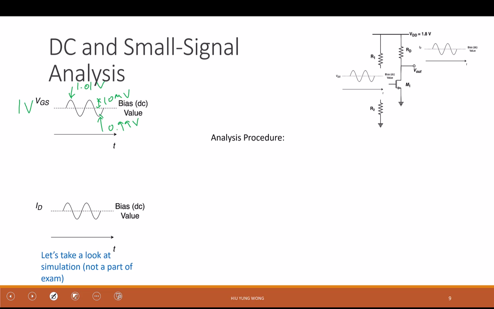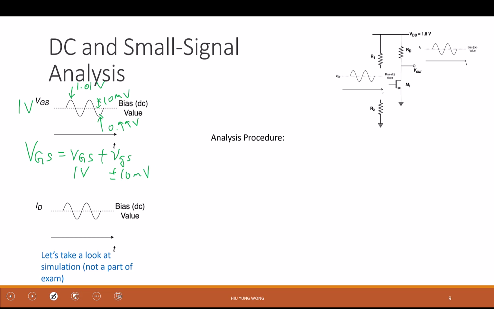But then we say, well, the total signal, I don't know how to call it, it can be confusing. Total VG is equal to maybe the DC plus the small signal, right? So this is 1 volt and this is plus minus 10 millivolt, right?